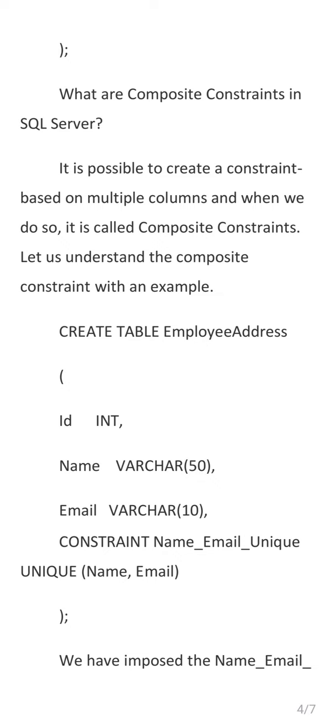So what are composite constraints? We have composite constraints as well. It is possible to create a constraint based on multiple columns, and this is called a composite constraint. In the example below you can see name and email. The combination of these two fields should satisfy unique, meaning the combination should be unique in every record.